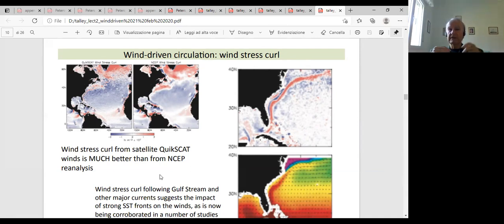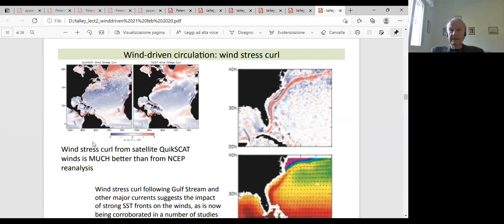So not only do we create upwelling or downwelling locally, but we are also creating the horizontal movement of the water column. So the wind has a double action. On one hand, it changes the vertical structure of the water column. On the other hand, it generates the horizontal current.